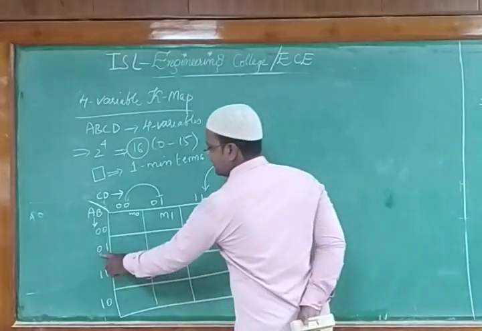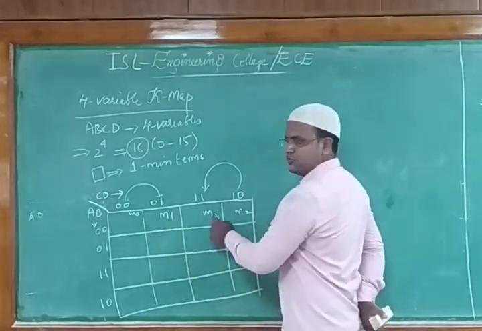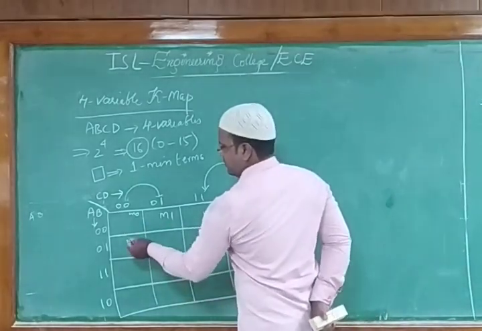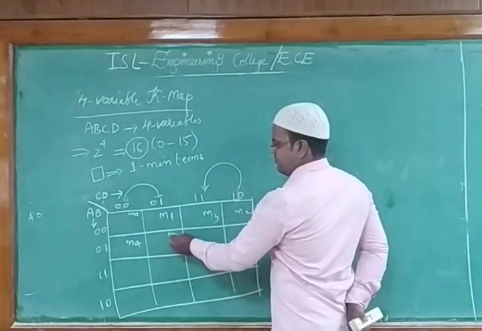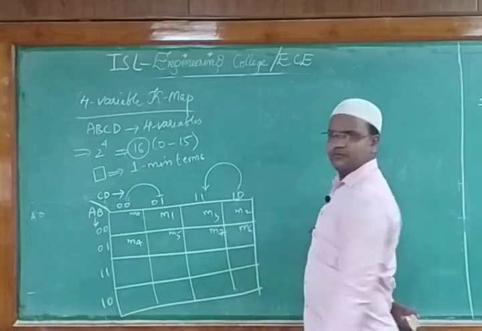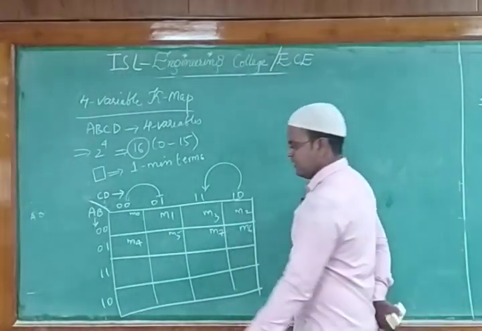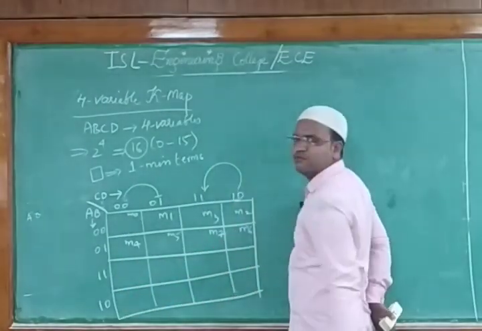Next, on this side, what do I write? 0, 1, 2, 3. Next this would be 4, M4, M5, M6, M7. Similarly, we'll start here. We'll not go for this column, we'll proceed for this column first.